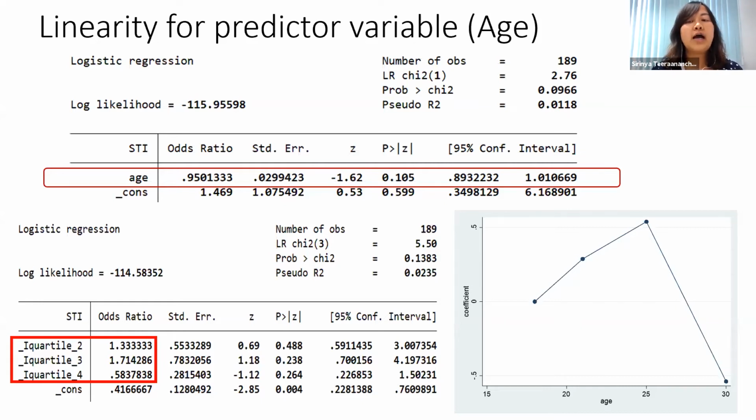The first 3 quartiles have a higher risk than the fourth quartile. So it should be modeled in quartiles, not as a continuous variable.